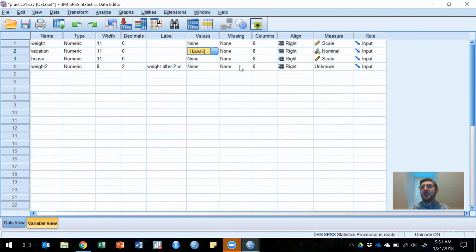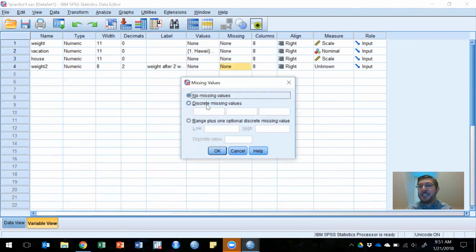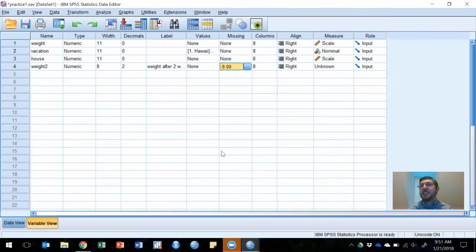If we used, say, -9 to represent that we're missing a value on a person, we could add that and tell SPSS that -9 values mean missing. If you want them aligned to the right, left, or centered, you can do that. You can also set the scale of measurement, which SPSS calls interval ratio variable scale. So is it nominal, ordinal, or interval ratio?